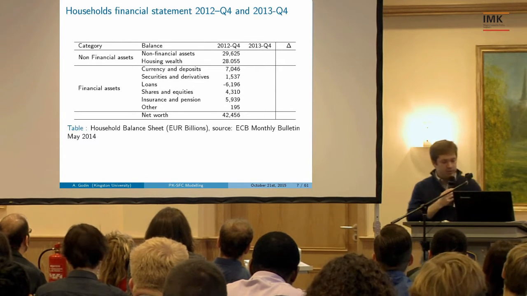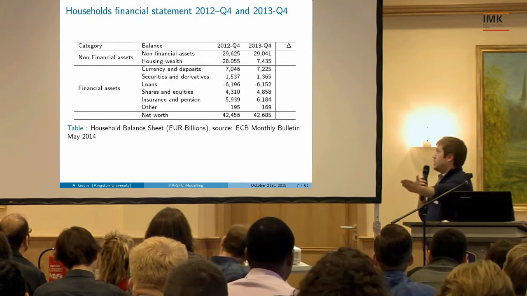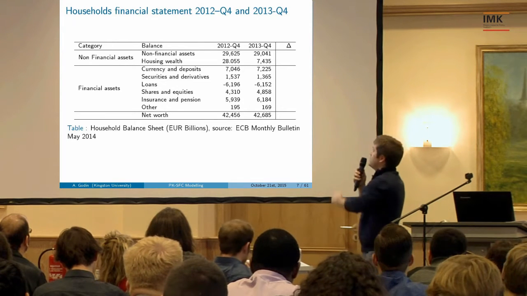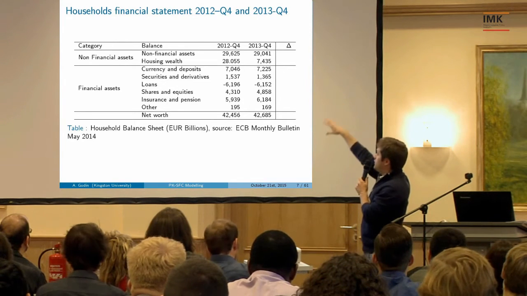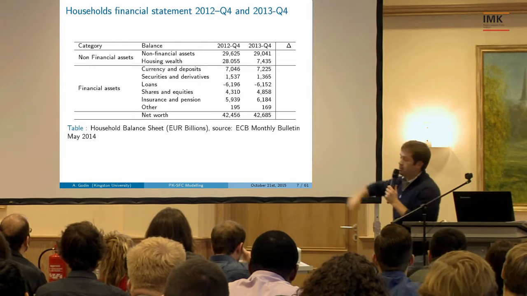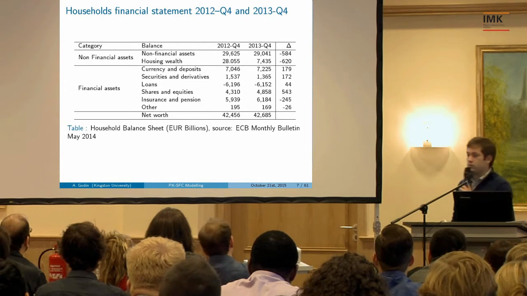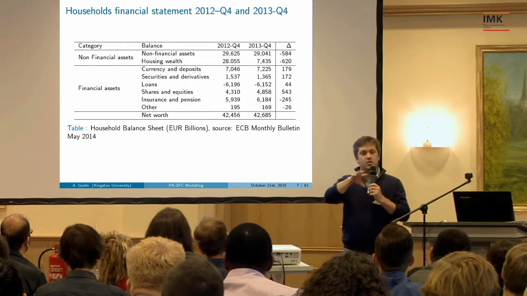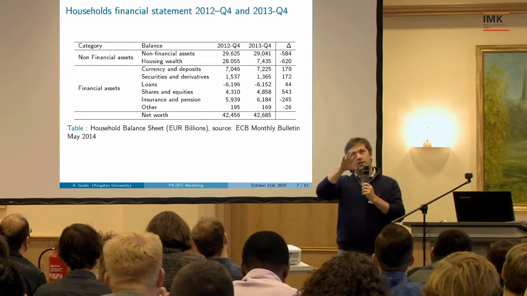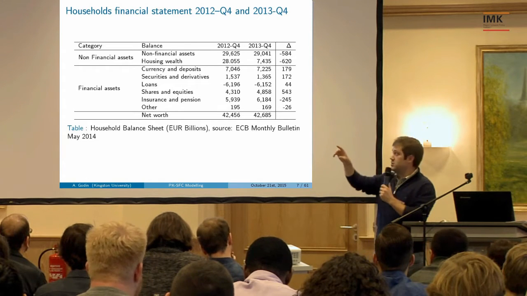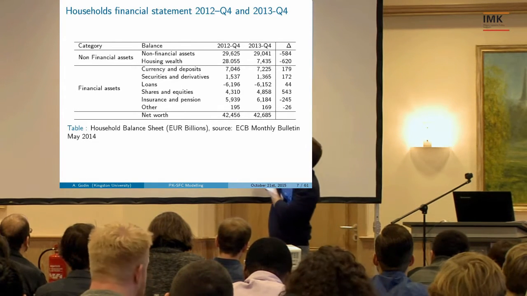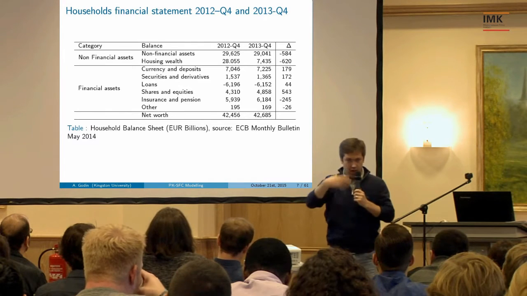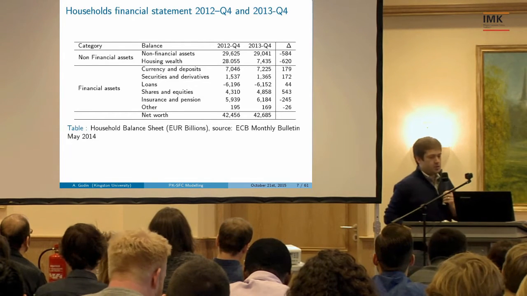Afterward, you can look at how this changed in the next quarter, or in the next year in this case, and you see that there is a different allocation of all these. This gives you the change in stocks. So how did the allocation of gross wealth and liabilities change, assets and liabilities, because you have loans here with a minus sign implying that they are actually owing money to someone else.